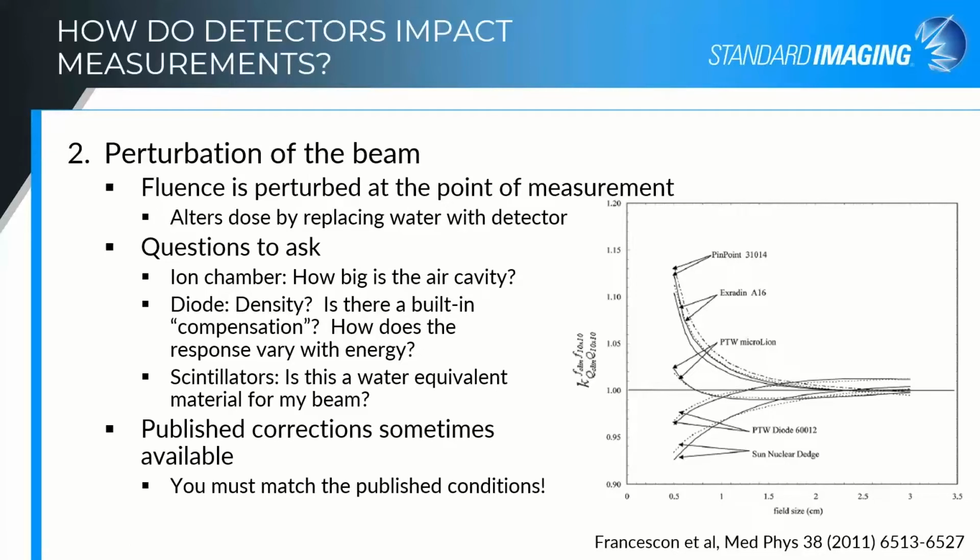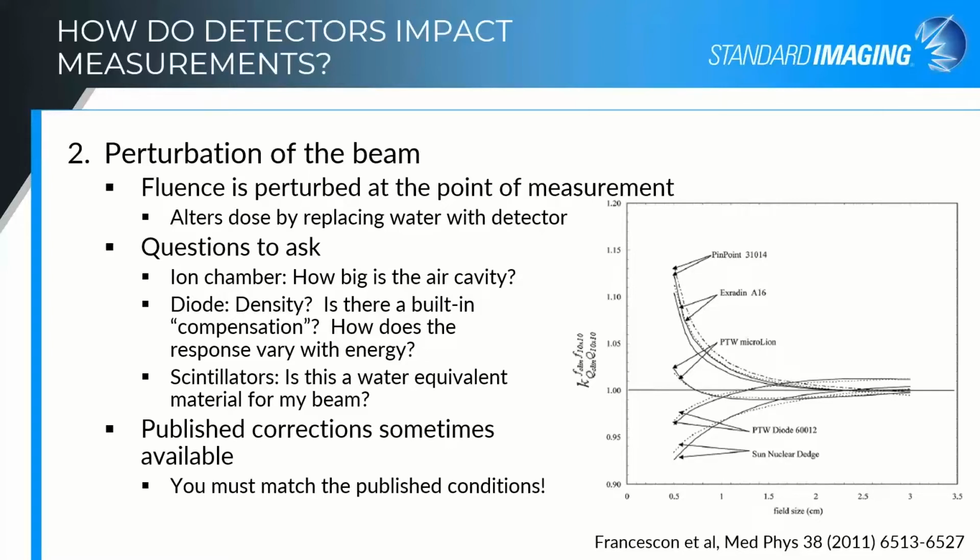With diodes as well, you're looking at how that response varies with energy. And then for scintillators it's the material. Not all scintillators are created equal either. Is the material that's used in the scintillator and in any optical transfer fiber that's being used, is that really water equivalent for the beams that I'm interested in?